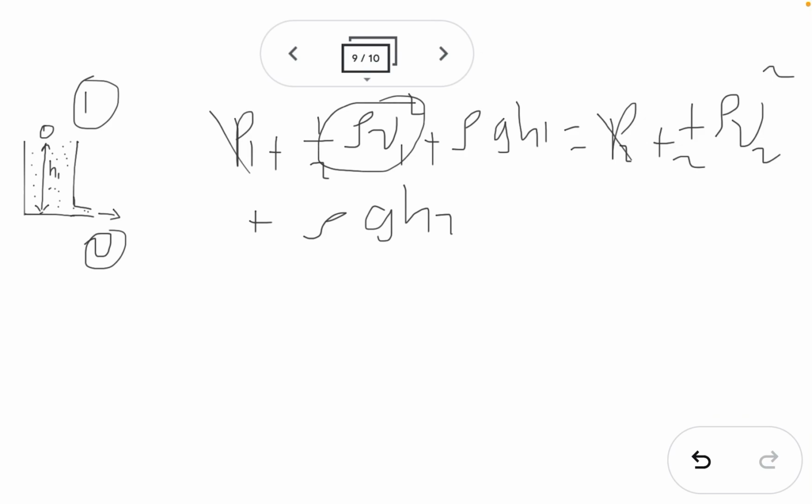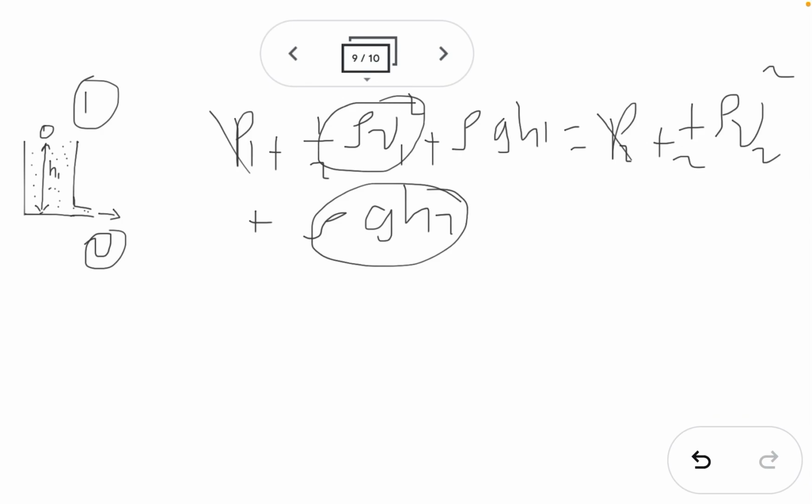Now the value of h2, the height of this particular opening, is going to be 0 in this case, because the opening is right at the bottom of the tank, meaning that this term with h2 goes to 0. Then we remain with the equation as follows.